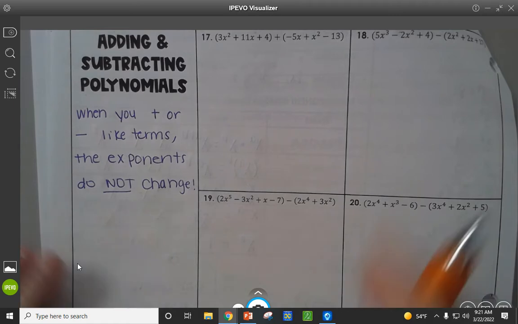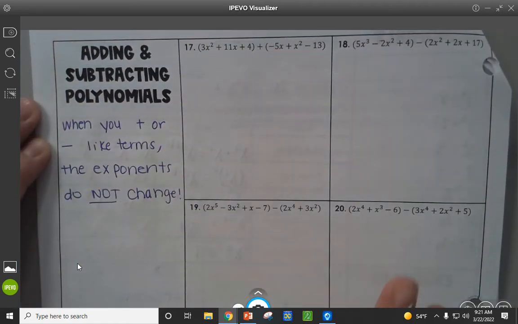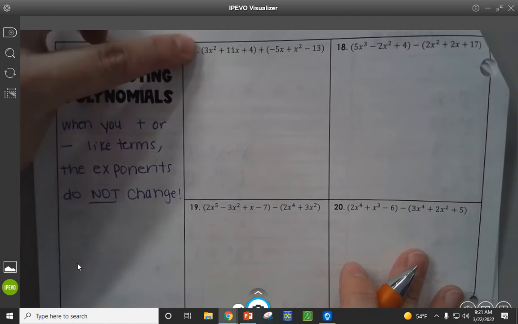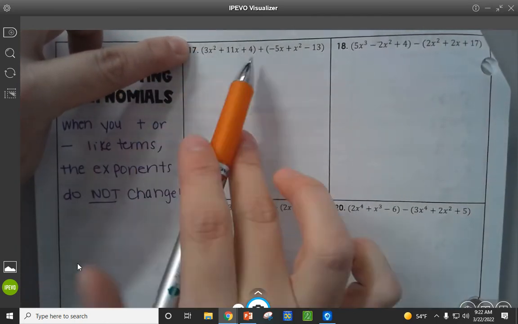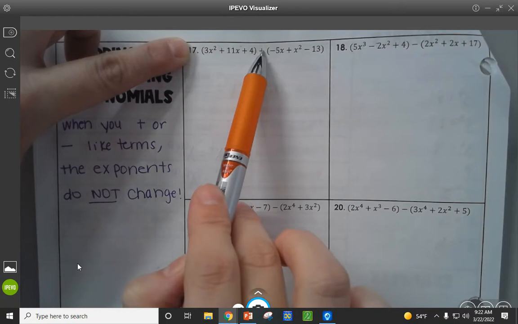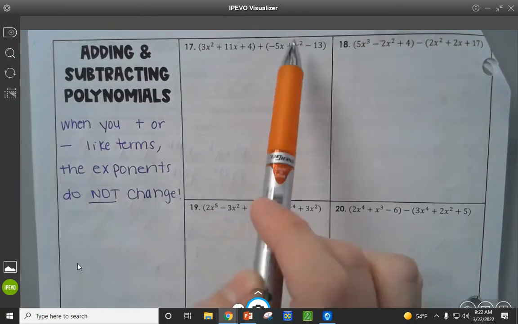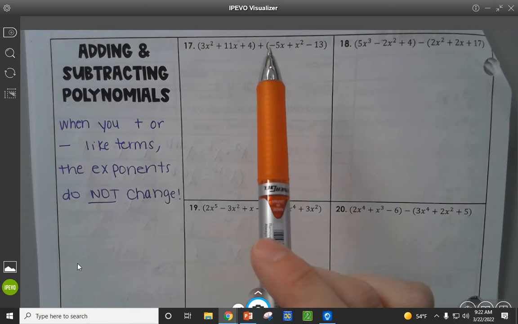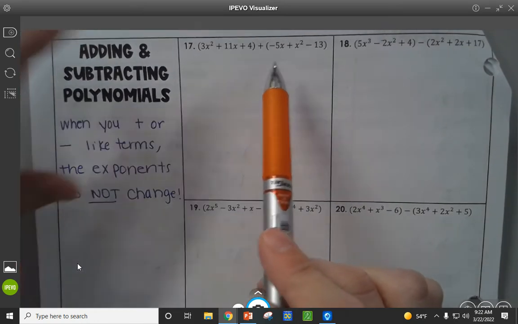So what I like to do is write my two polynomials stacked on top of each other. And when I write them, this one is in the correct order because it goes from the highest exponent down. But notice how this one, the x squared, is in the middle. So when we stack them on top of each other, be careful because you want to stack like terms.